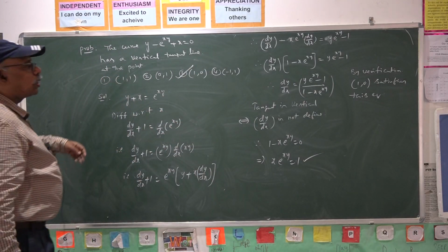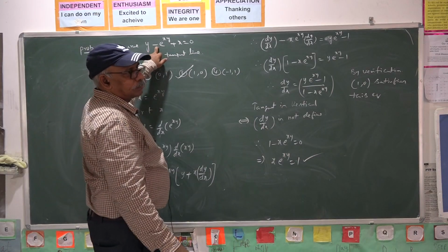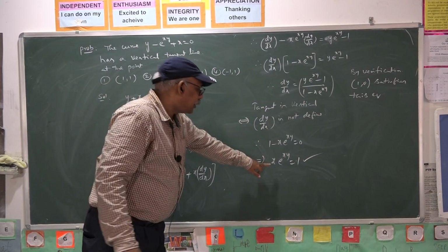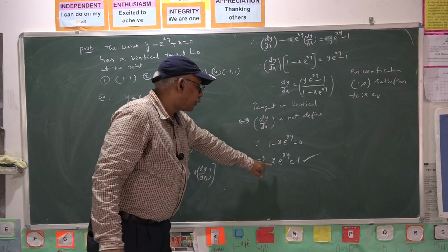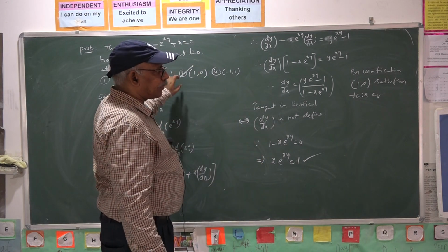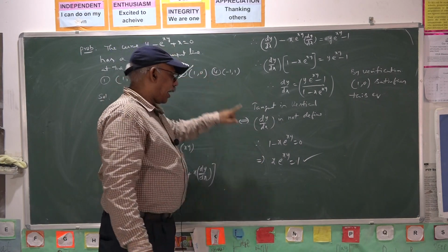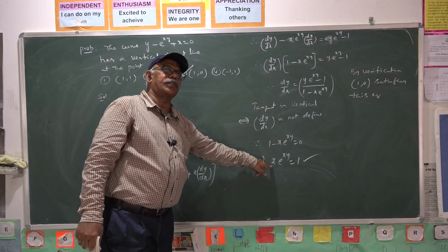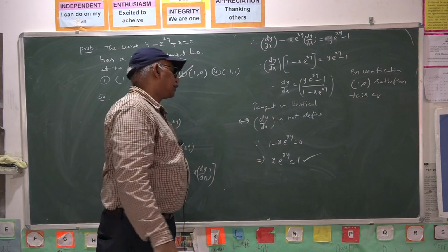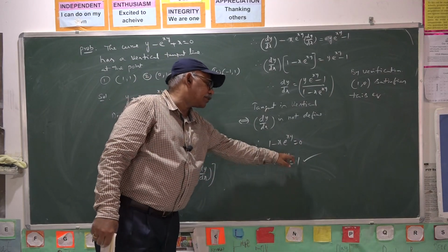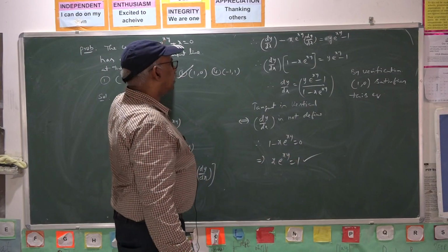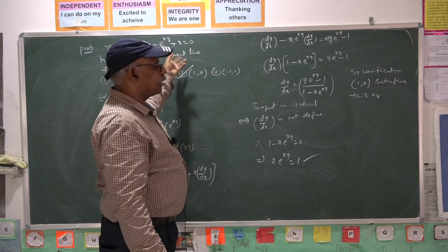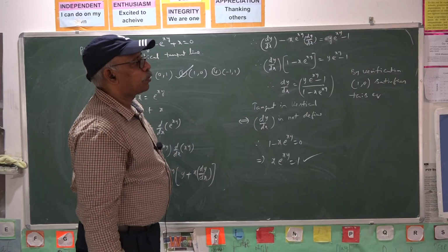Moreover, (1, 0) also satisfies this one. Actually, you have to solve these two, because the required point lies on the curve as well as satisfies this relation. So from this, e power xy may be written as 1 by x, and on solving this we get the required point.